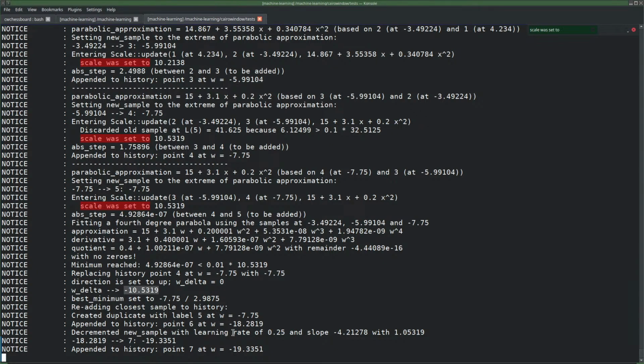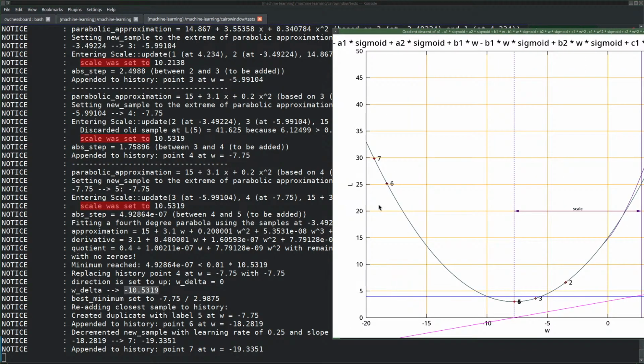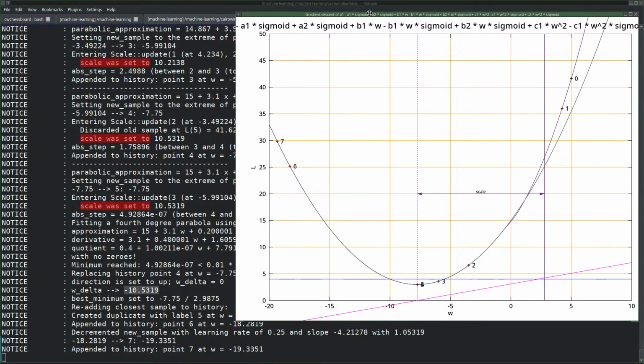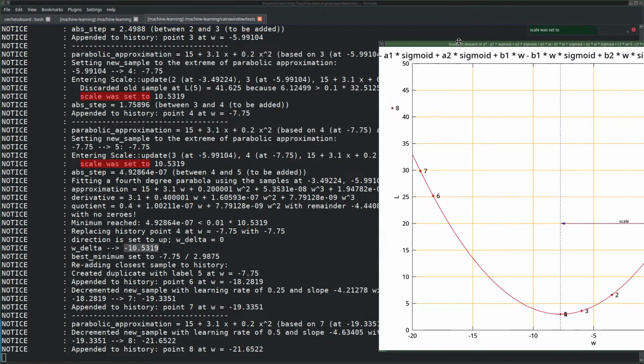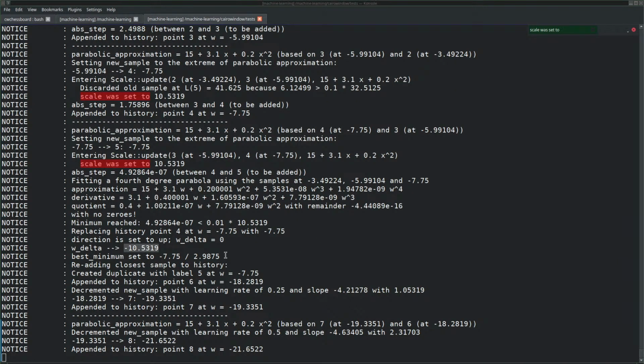Do sample with learning rate of 0.25 and slope -4 with 1. Well, whatever, because it's going in the right direction, 7. And apparently it's hanging, or it's just waiting for space before it calculates a problem. Let's press it. Yeah, okay. Strange moment to wait for space, I would say.